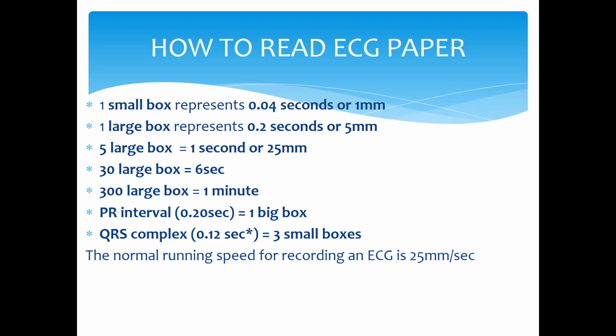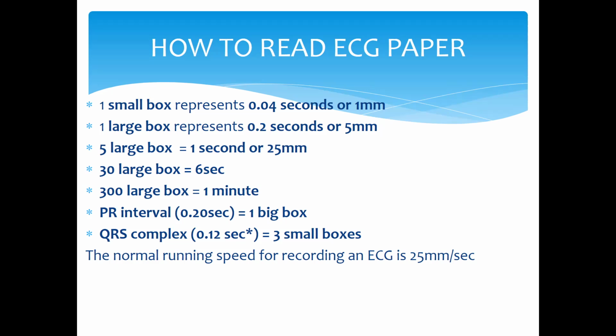Five large boxes, which means 25 small boxes, is equal to 1 second or 25 millimeters. 30 large boxes is equal to 6 seconds, and these 30 large boxes will be used in the heart rate calculation, which is the second method, and that will be discussed in the upcoming slide. And 300 large boxes is equal to 1 minute.